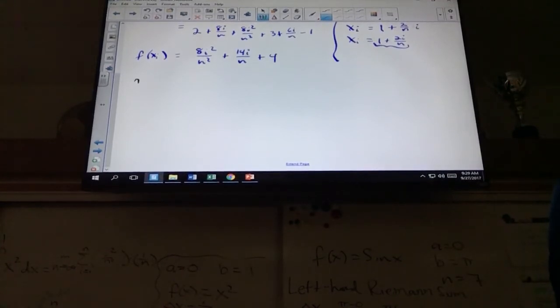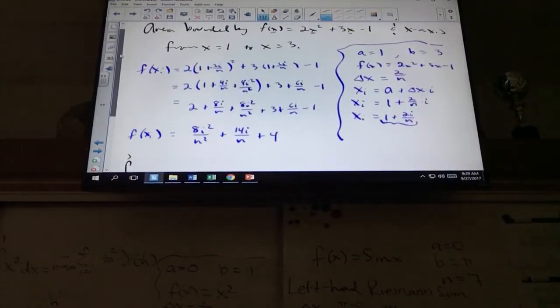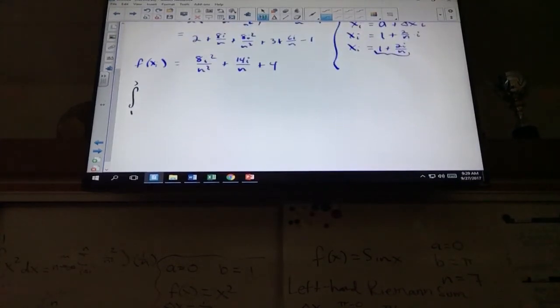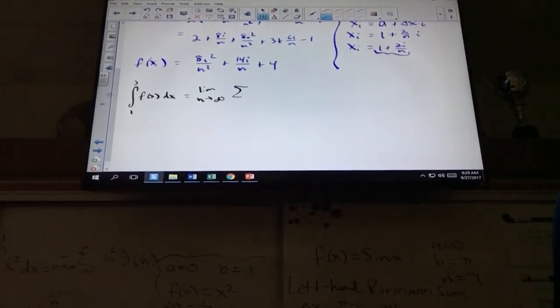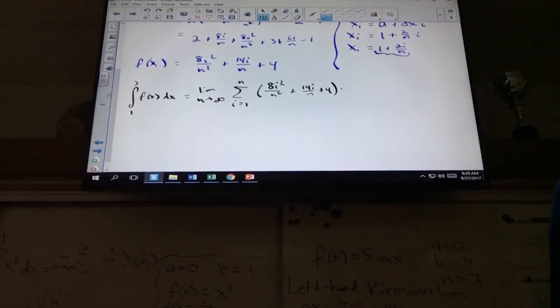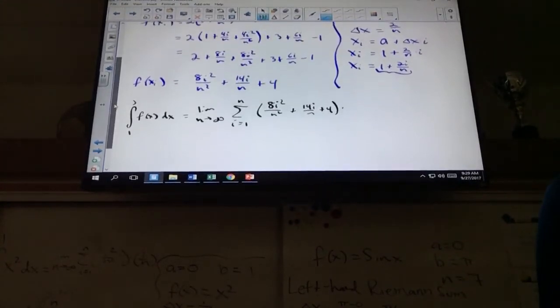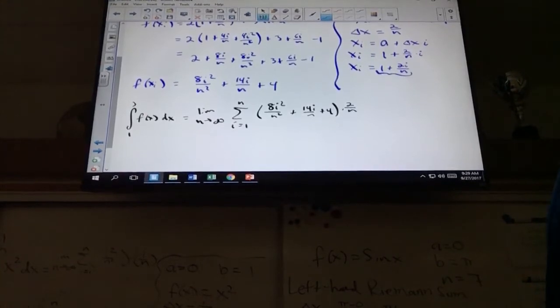But now I know that the integral from 1 to 3 of my function, which was this 2x squared plus 3x minus 1, I'm just going to call it f of x dx, is really equal to the limit as n approaches infinity of the summation as i goes from 1 to n of f of x sub i, which is 8i squared over n squared plus 14i over n plus 4 times delta x. Remember, my delta x was just 2 over n.